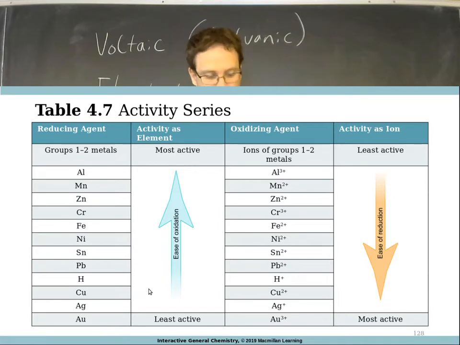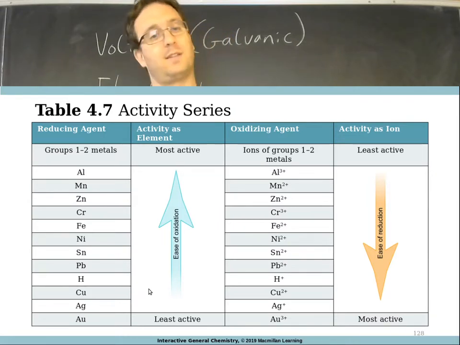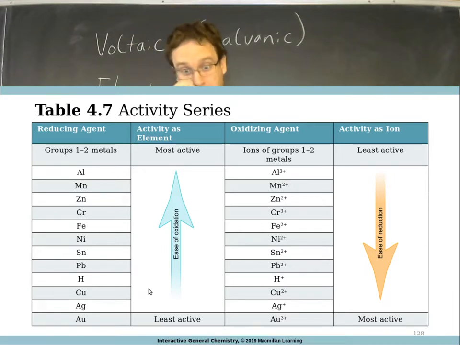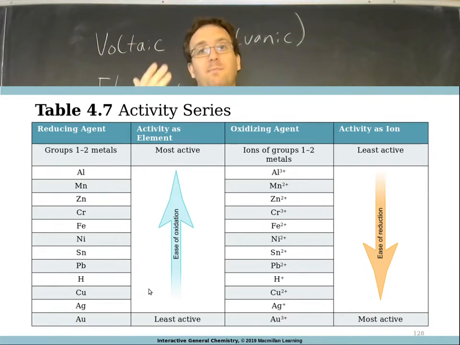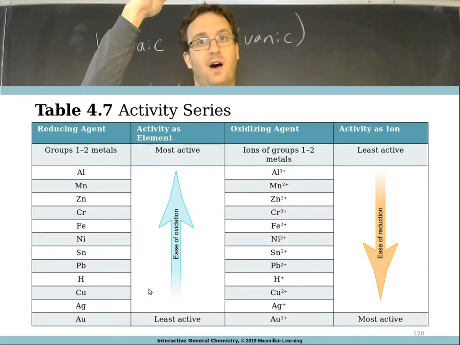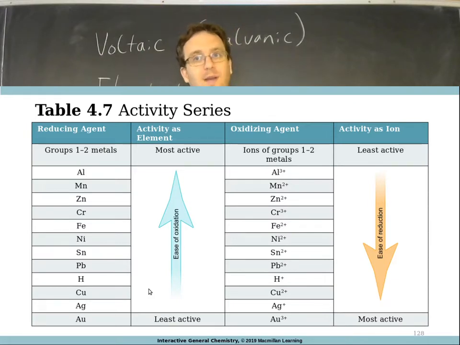So for example, we could pair zinc metal with copper 2 plus ions, and that will form a voltaic or galvanic cell. Anytime, it doesn't have to be top or bottom, anytime the metal is above the ion in that activity series, you'll get a spontaneous reaction.